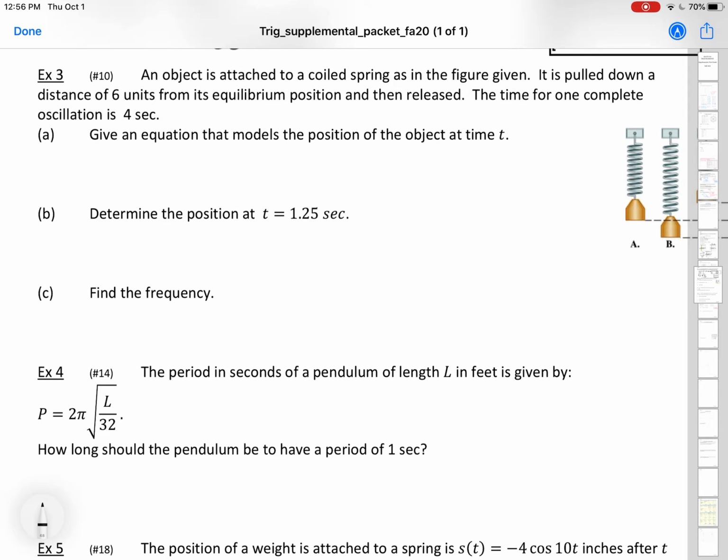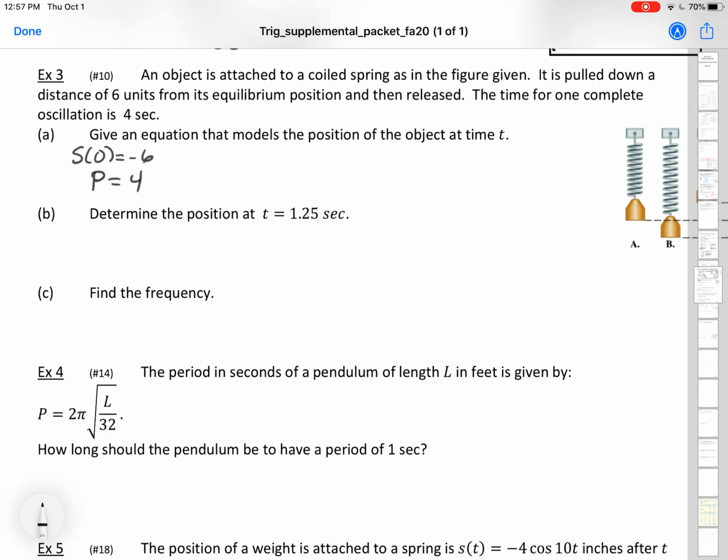An object is attached to the end of a spring, as shown in the figure. If it's pulled down a distance of 6 units from its equilibrium position and then released, the time for one complete oscillation is 4 seconds. So that's our period. So what did they tell us? They told us that when we start, we're pulling it down 6. And they also told us that our period is 4 seconds.